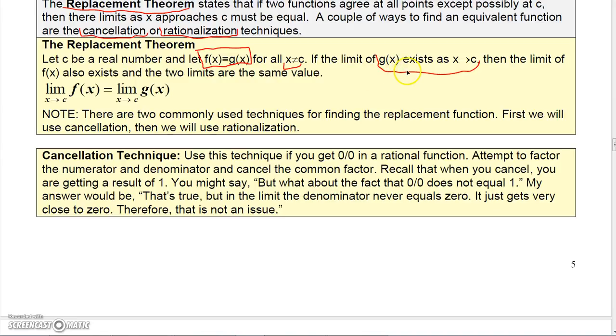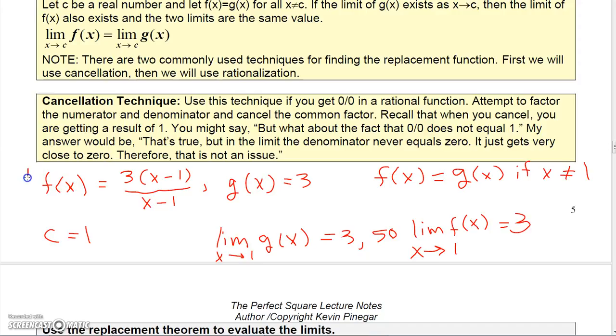Now, let me set something up here, and I'll give you a real simple example to show you this. Let's say I have this function, and I want to find the limit of this function as x approaches 1. So we're going to say the c value is 1.